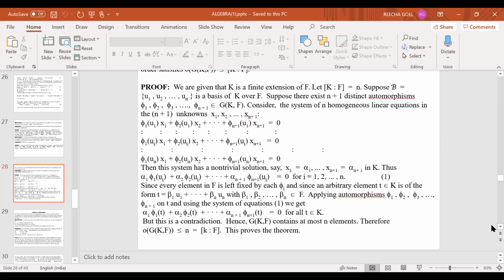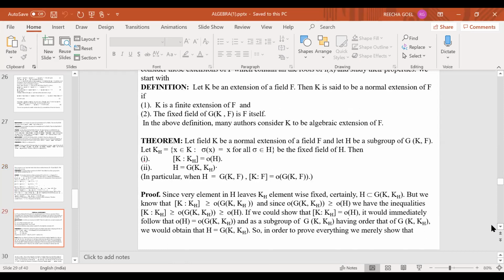Therefore, it can contain at most n elements, and hence the order of G(K/F) is less than or equal to n, which is the degree of K over F. So this proves Artin's theorem.